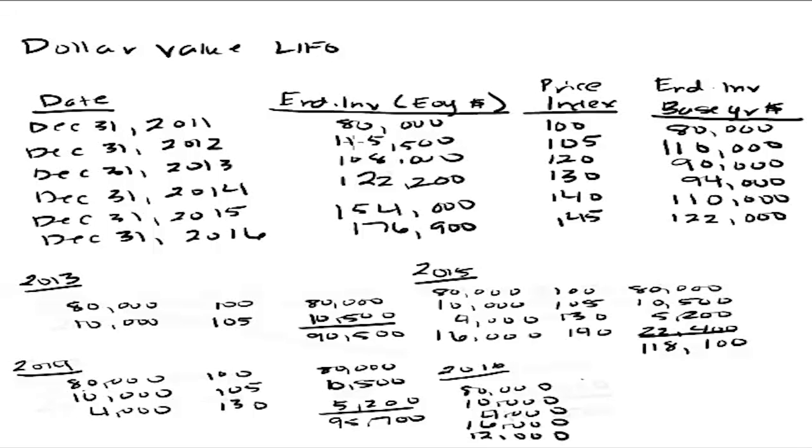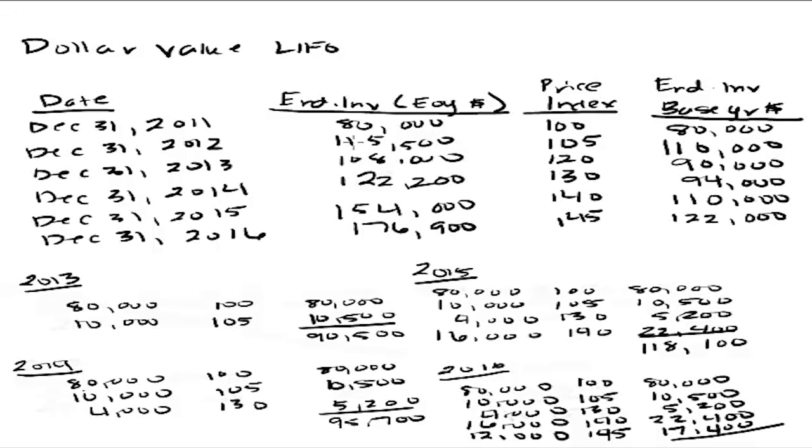All right, we had 100 here, 105, 130, 140, and now we've got 145. So we've got our 80,000, our 10,500, our 5,200, our 22,400, and now a 17,400. All right, if you add all those together, I'm going to put it over the side because I'm running out of space. That should give you 135,500.